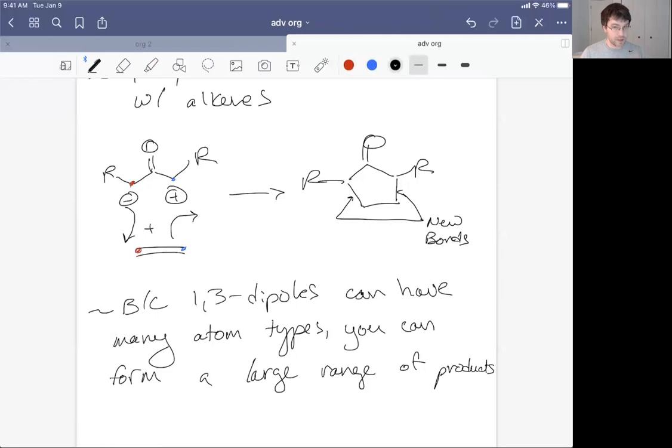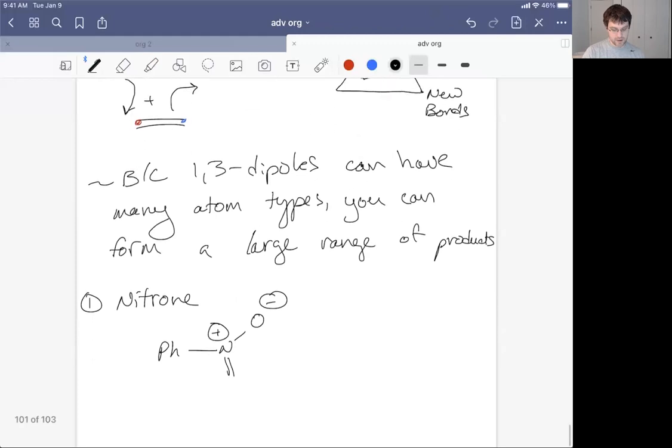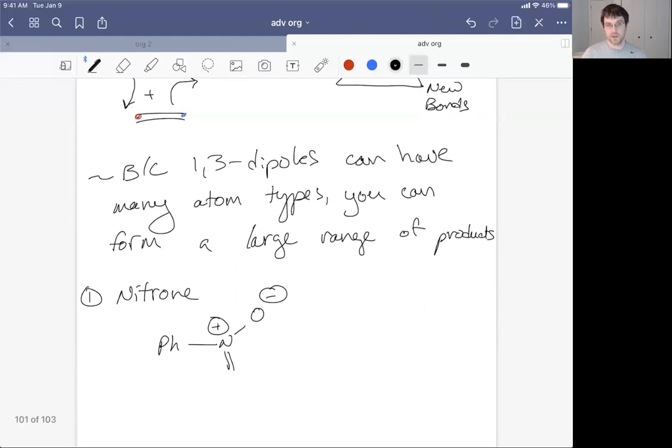So I show an example here where we have a carbonyl present, but if we consider something with nitrogen present, a nitrone is an example. So nitrones are kind of interesting functional groups because we have nitrogen bonded directly to oxygen. And in this case, we have the nitrogen neutralizing the negative charge on the oxygen by having usually 4 bonds attached to it to give it a plus formal charge.